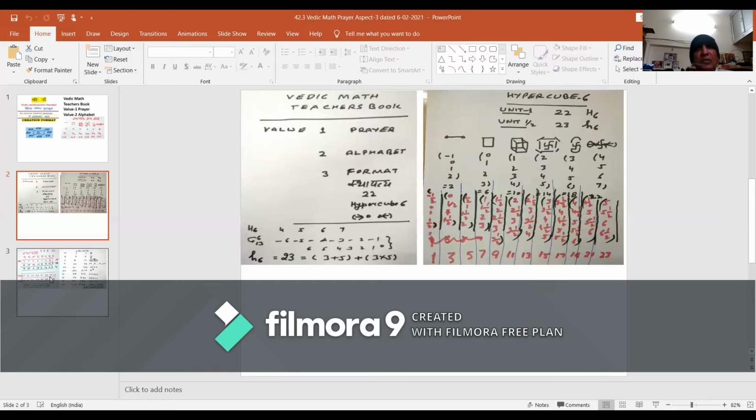Therefore, to have proper appreciation of value 3 of Vedic Math Teachers Book, we have to be parallel with simultaneous existence of a pair of generic hypercube series. First is as of unit 1 and second is of as unit half.